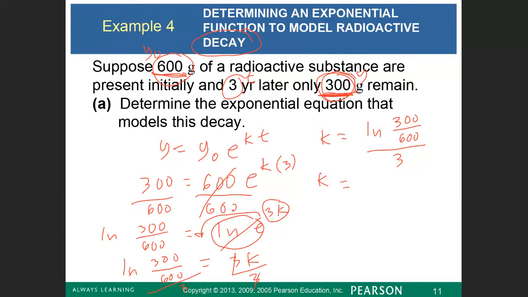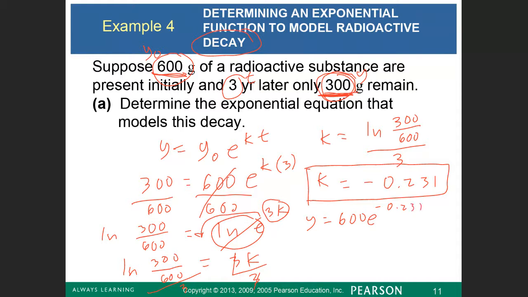If it's growing, then that would be a positive value. So this one is negative 0.231, and that would be our k. So the exponential equation model would be y is equal to 600 e power of negative 0.231t.